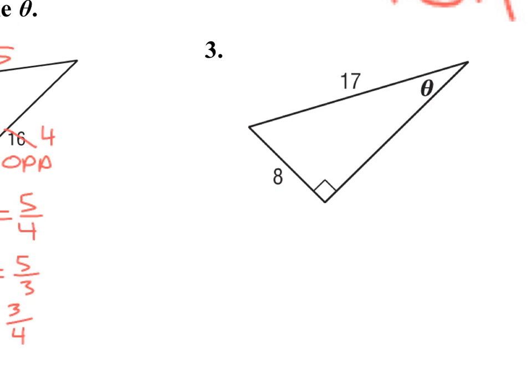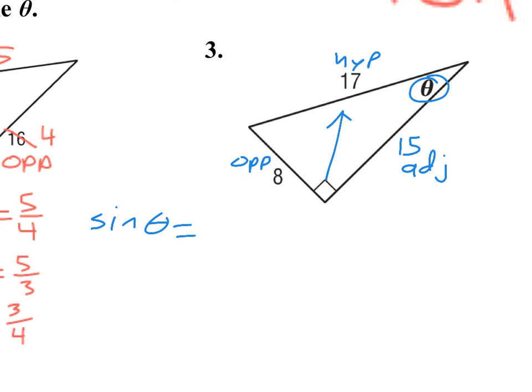Right, on number 3, we have an 8, 15, 17 triangle. So this is opposite because it doesn't touch angle theta. This is clearly the hypotenuse up here. It's across from the right angle, leaving this one to be adjacent.